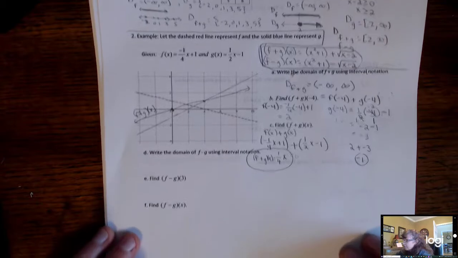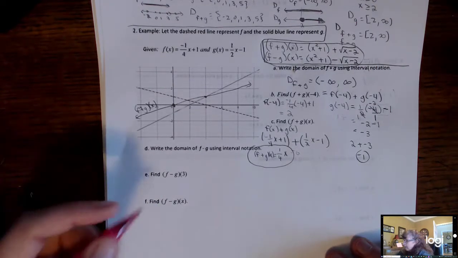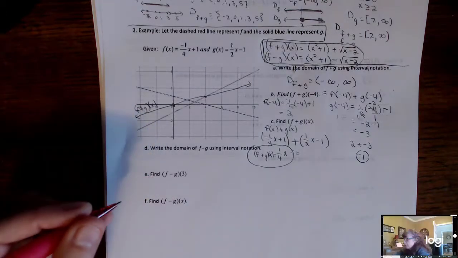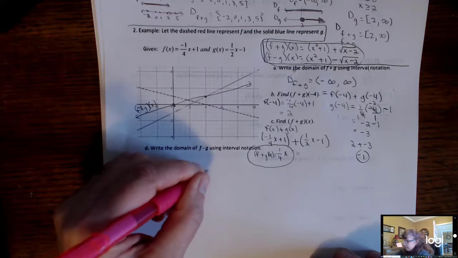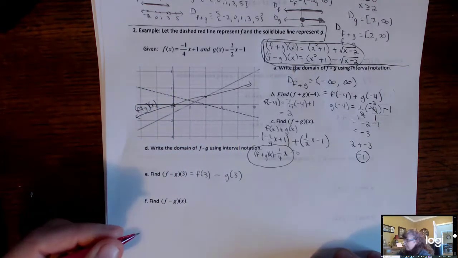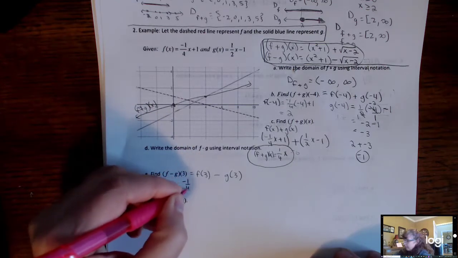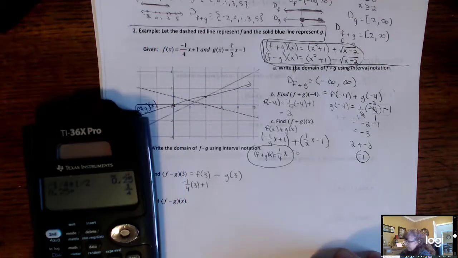All right, so let's do this again. You might want to pause and try both of these. I'm going to go ahead and do it. So f minus g of 3 means I can find f of 3 and then find g of 3 and then subtract them. So f of 3 is negative 1/4 times 3 plus 1. I'm going to use my calculator this time.